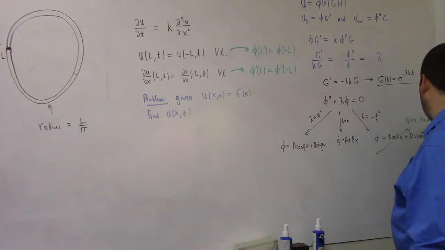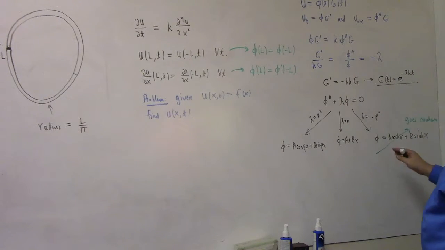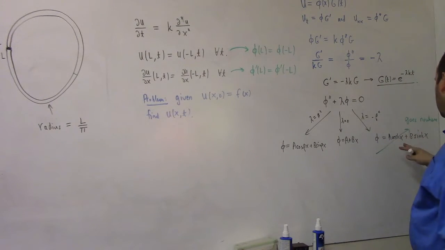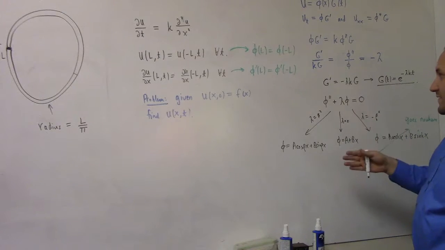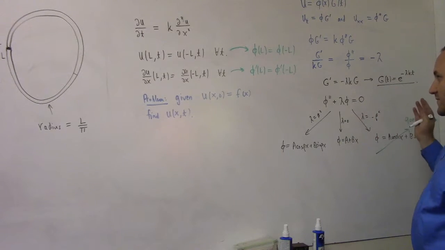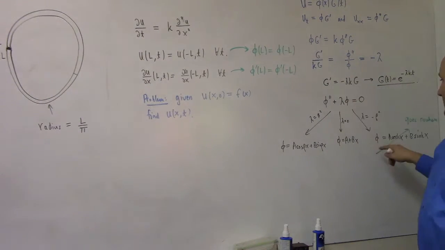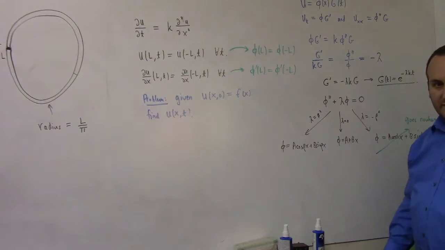Why is that? Well, if I impose phi of L equal to phi of minus L, and phi prime of L equal to phi prime of minus L on this solution, you find only the trivial solution exists.